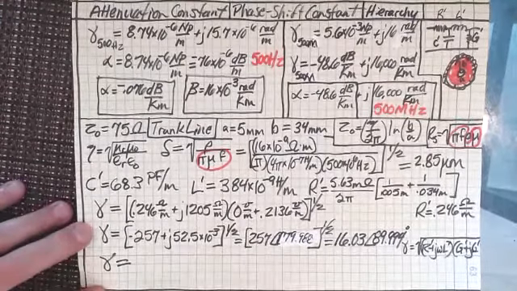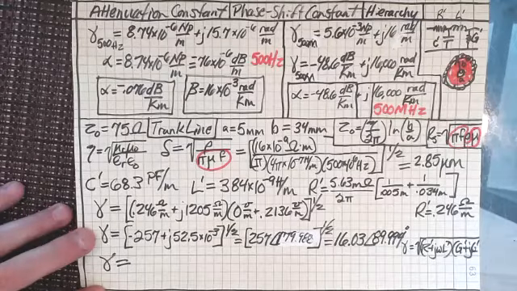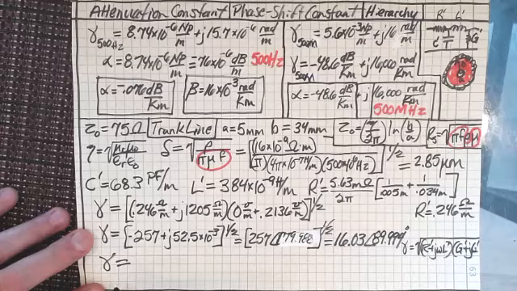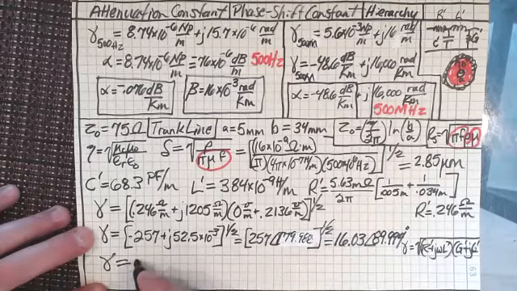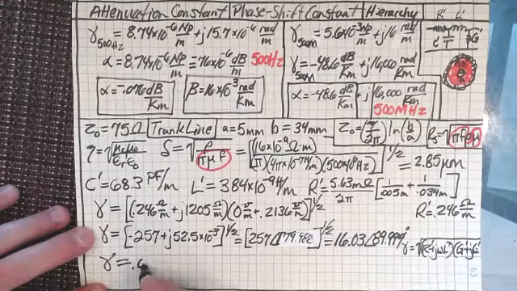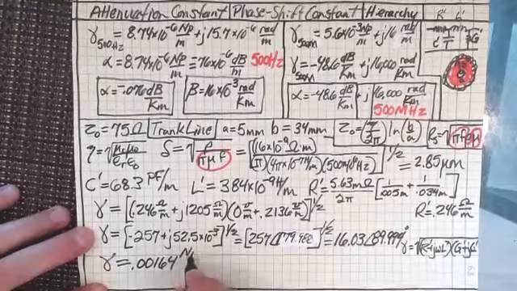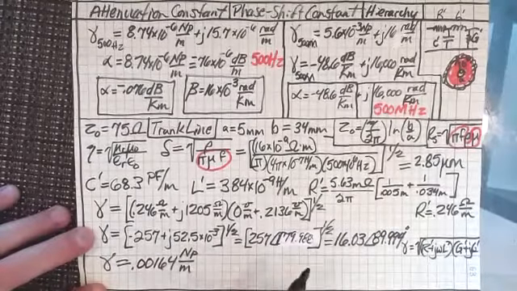Whereas at this rate, what we've got here, let's write this down. And I'm going to circle this in red too, because when I break this back down into a complex number, a plus jb rectilinear form, I get 0.00164 nepers per meter, right?